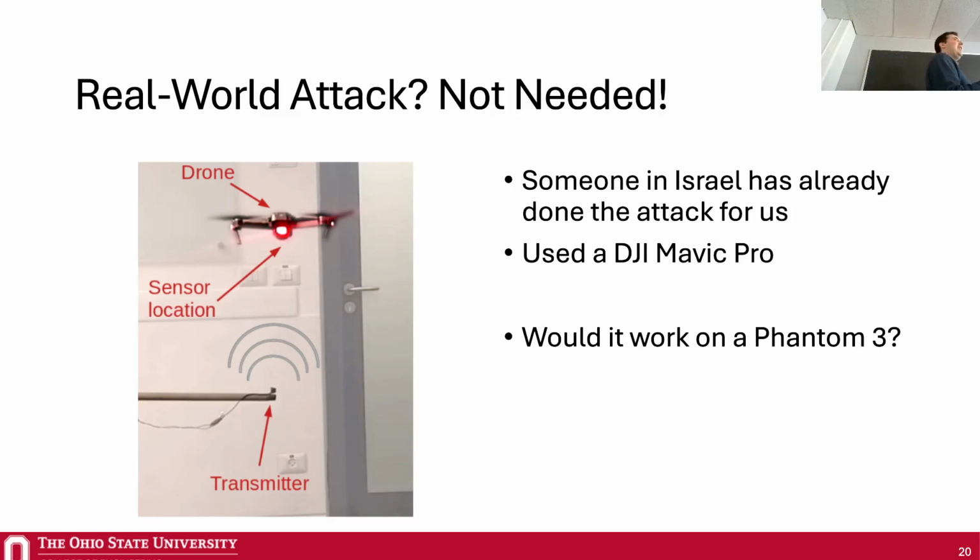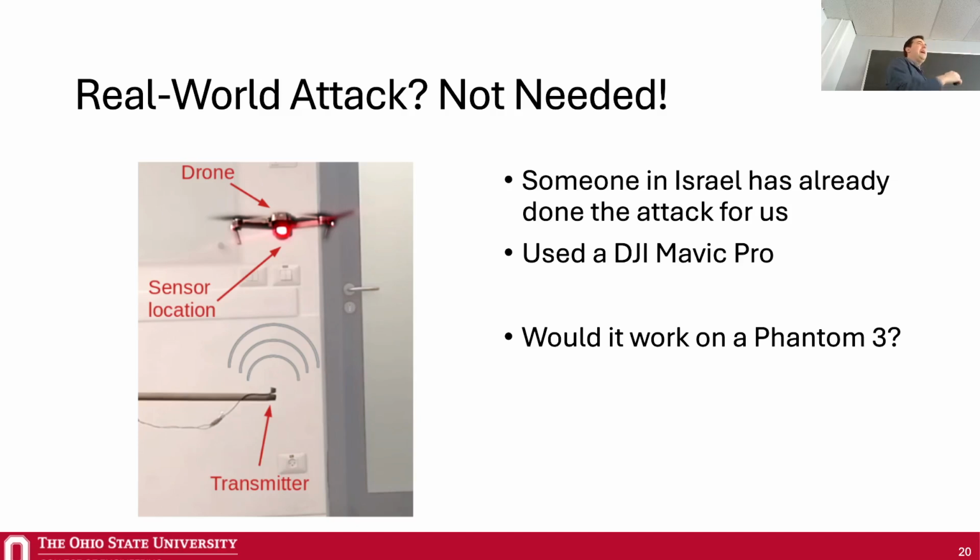So at that point, we were going to set up this attack and try to crash this DJI drone. But then in some of our literature review, we actually saw that a lab in Israel had recently crashed a Mavic Pro from DJI using sonar spoofing. So that got us thinking, hey, wait a second, these are both DJI drones.